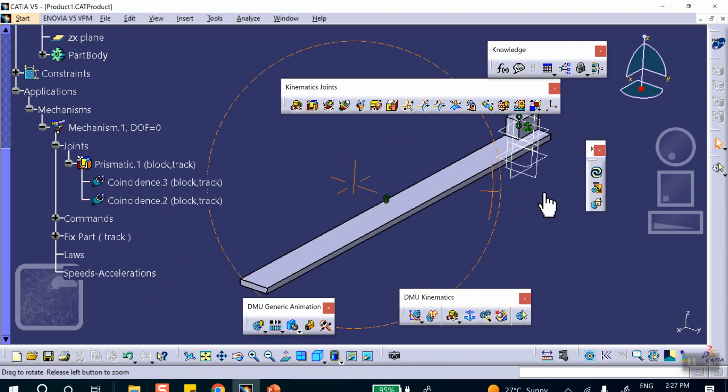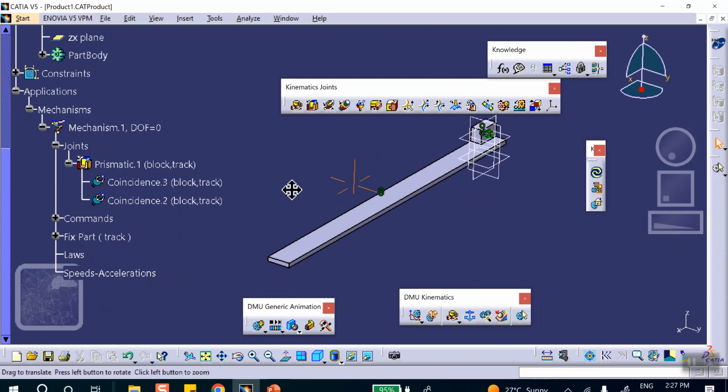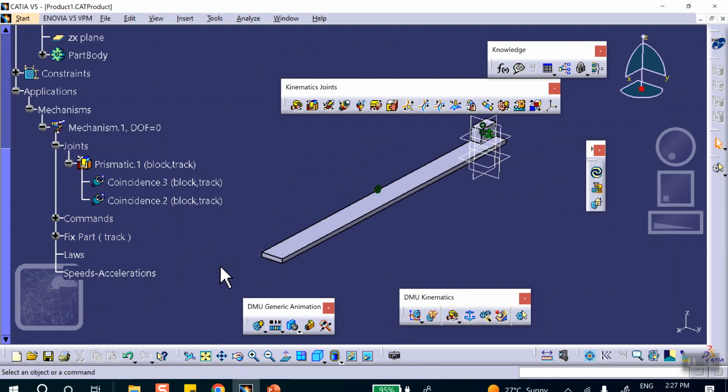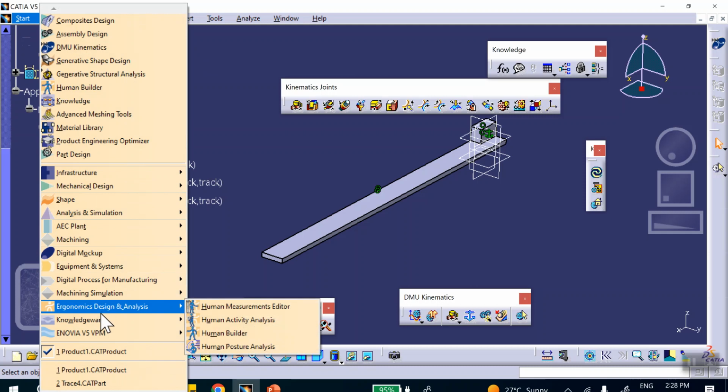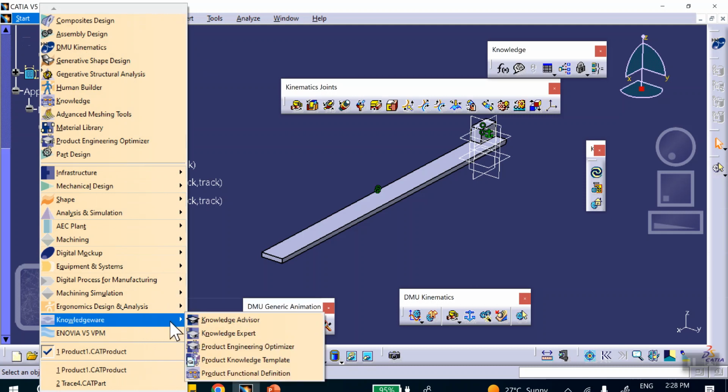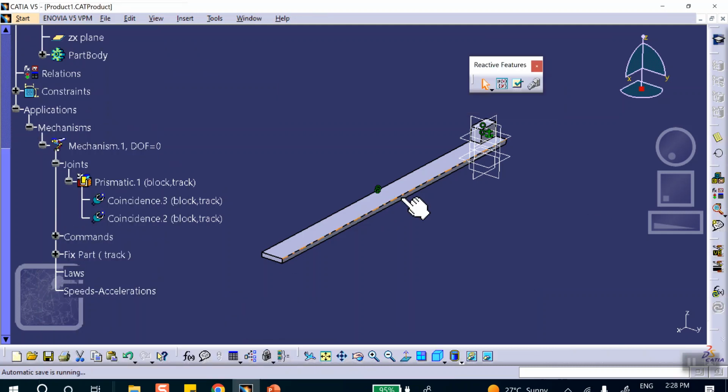Okay, good. So to write those formulas, the way I've shown you, there are other ways. So you go to Start, go to KnowledgeWare and Knowledge Advisor, and this thing pops up. The Knowledge Advisor looks like somebody's graduation hat, by the way, right there.